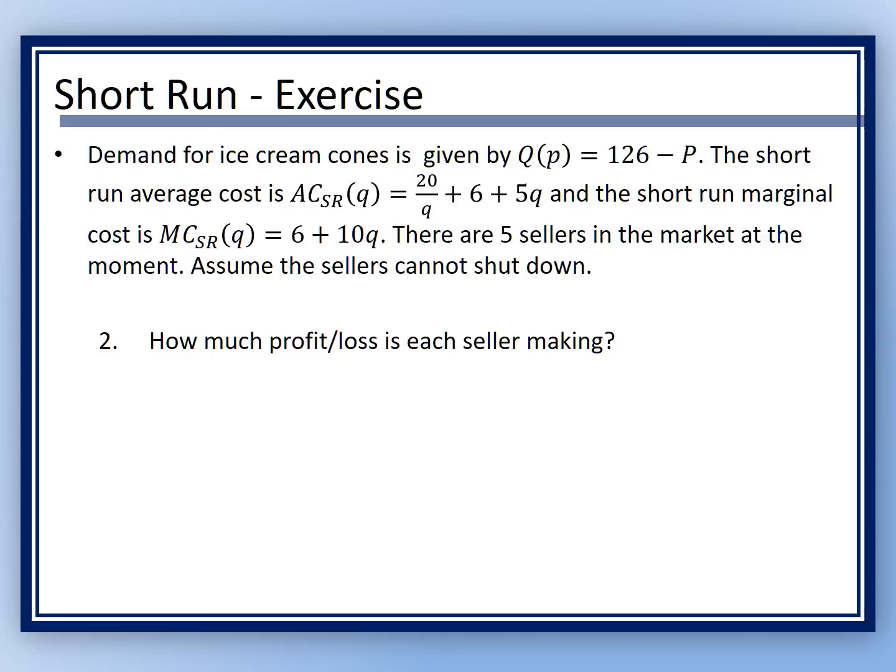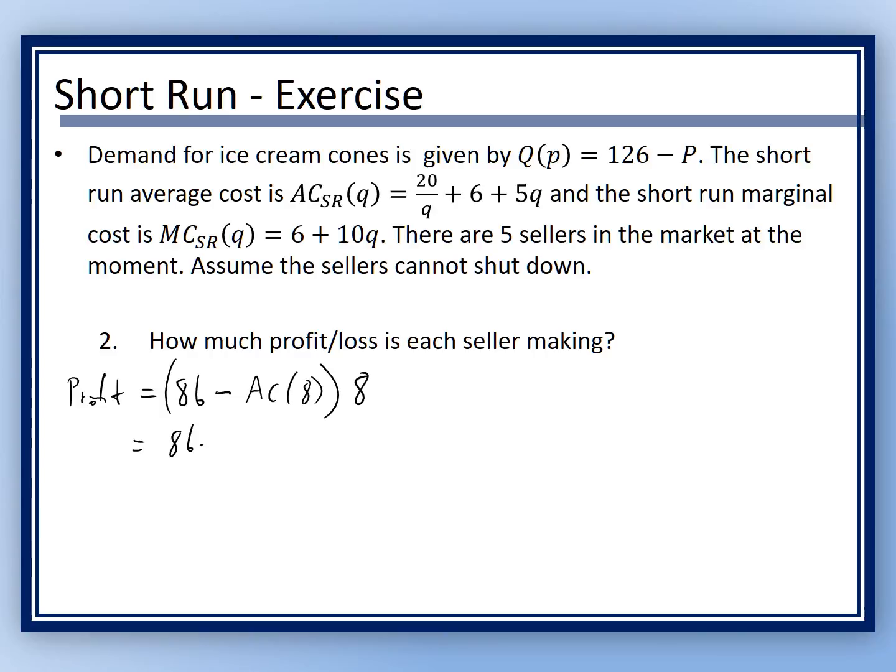Now, if you calculate how much money they make, they are each producing 8 units, right? So profit per seller: they are charging $86 each. Subtract the average cost of producing 8 units, sorry. And then multiply by the 8 units, you get the profit.